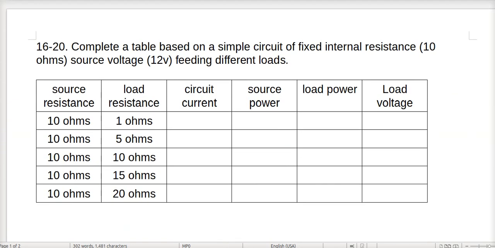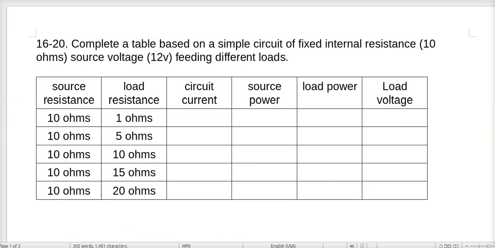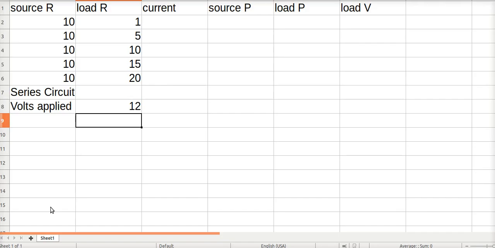16 to 20. Complete the table based on a simple circuit of fixed internal resistance of 10 ohms. So I've got a 10 ohm internal resistance, which is pretty high. I've got a load resistance that varies, and I've got 12 volts feeding the load. Okay, so what I've done is I've gone and created me a spreadsheet that is the same.